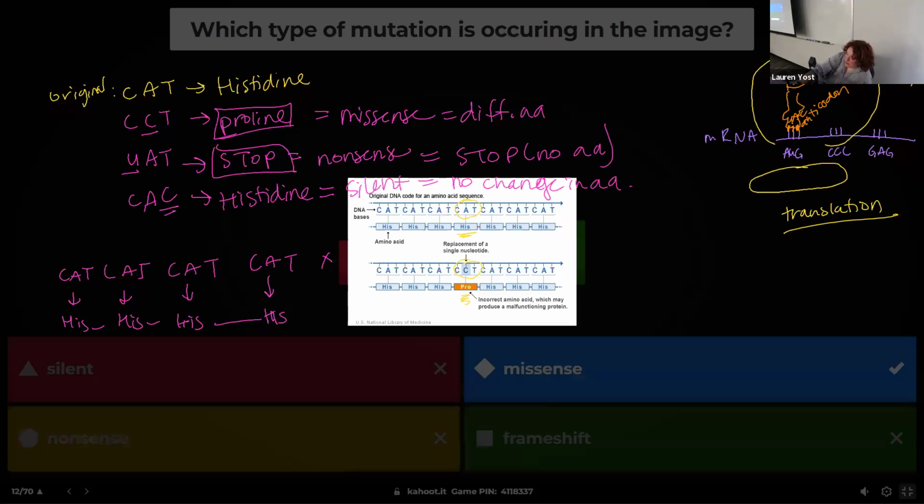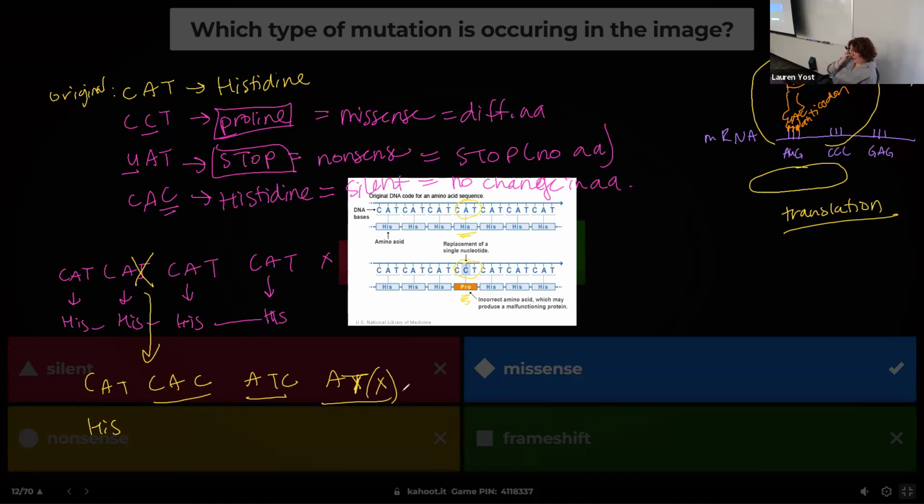In a frame shift mutation, you delete one or two nucleotides. Now suddenly that results in CAT, CAC, ATC, AT, whatever else came afterwards. Okay. Now you can see you have histidine here. I don't know what CAC codes for, ATC or whatever, but it's not the same thing.